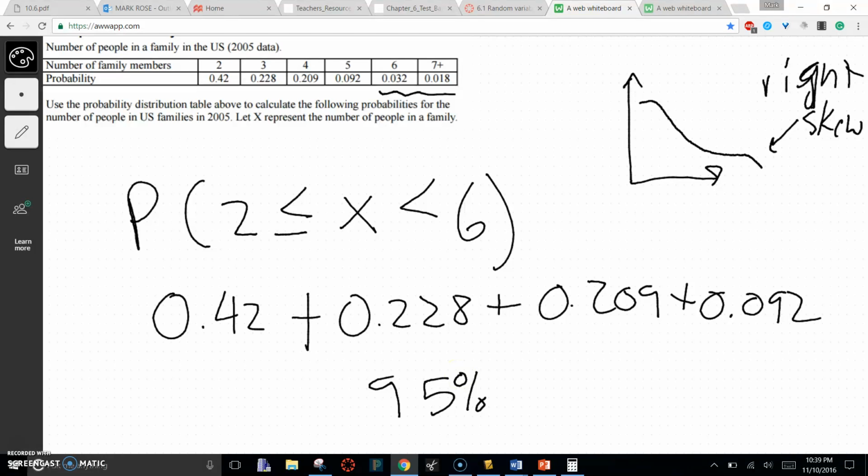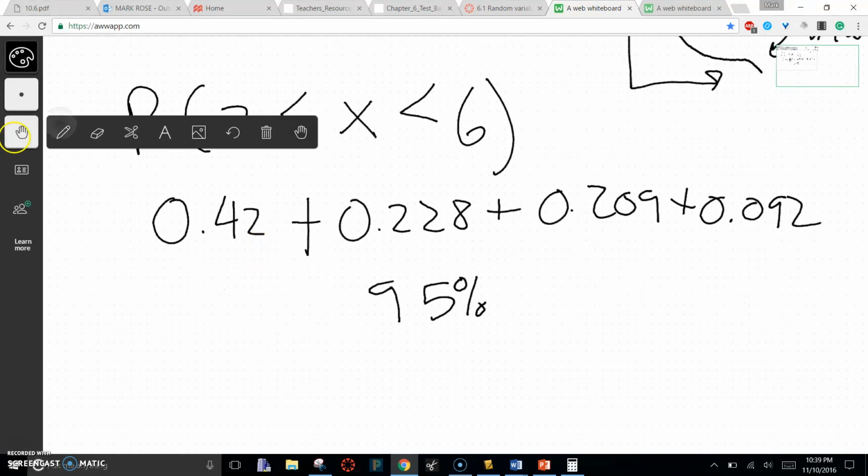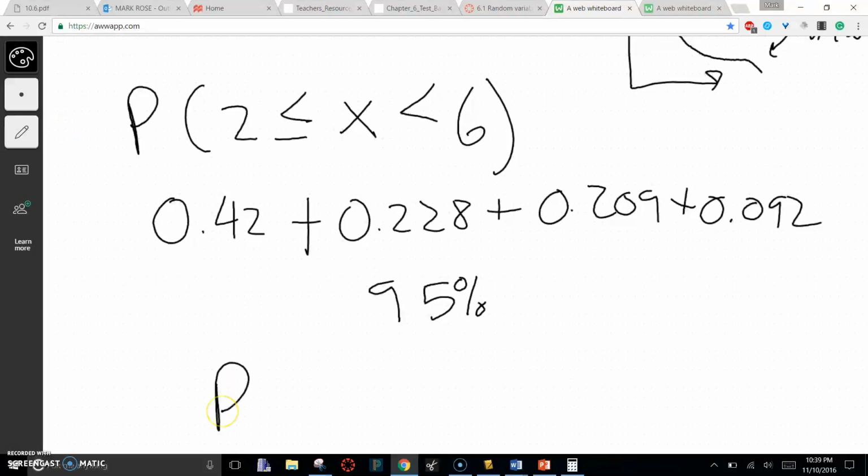We could do another kind of probability. Let's say we were strictly equal to 2. Then it would just be 0.42.